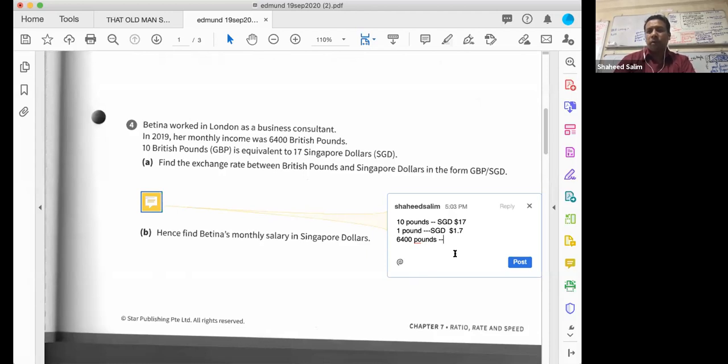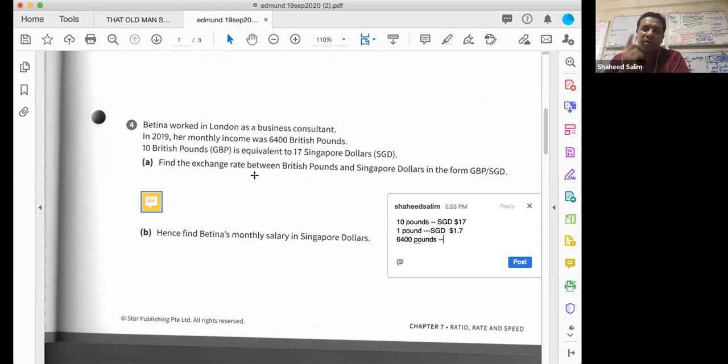You times by same thing, and you will get your answer. But you already gotten the answer 10880 just now. So this is the exchange rate now, 1 to 1.70. That's it.